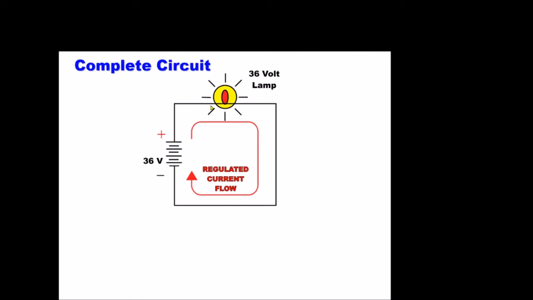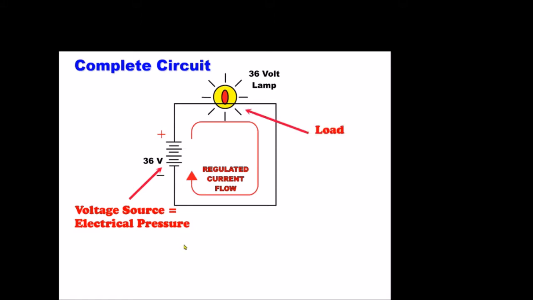So if we measure the voltage drop across that lamp, it's going to be 36 volts, so we need a 36 volt lamp in our circuit. We have our voltage source, electrical pressure, we have our load, and we have connections connecting our load to the battery itself. So let's take a look at a couple of different circuits.